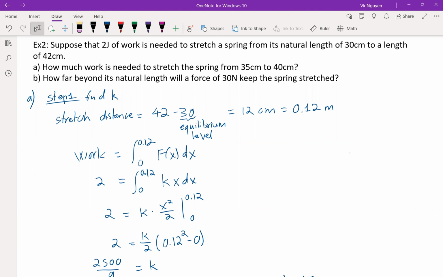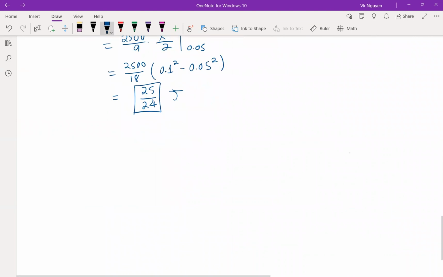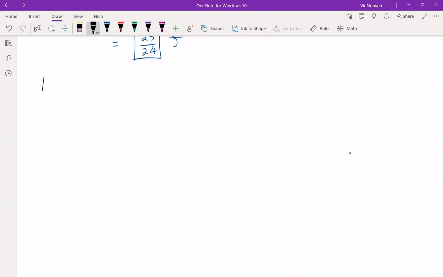It's just a simple substitution. We know force is kx, the force is 30 Newtons.